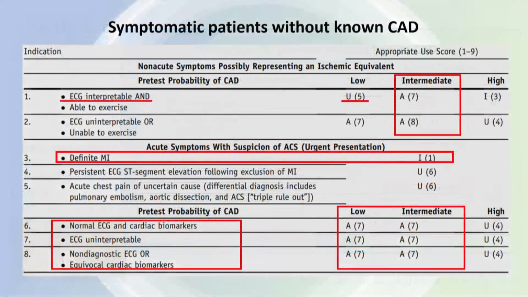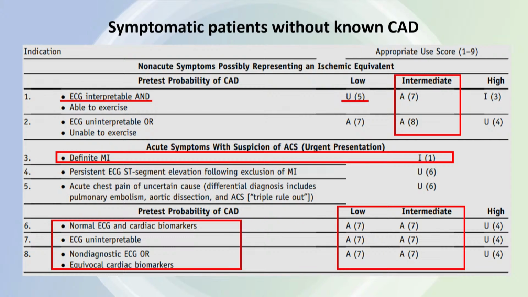In stable chest pain patients, if the pretest probability is intermediate, that's clearly an A. If it's very low, that is uncertain, and you can argue in very, very low risk patients, you can get away with just a calcium score and an exercise stress test, and you don't have to do a coronary CT. Patients who are having an ACS with positive biomarkers, definite MI, that's inappropriate. We do not do coronary CT in those patients.